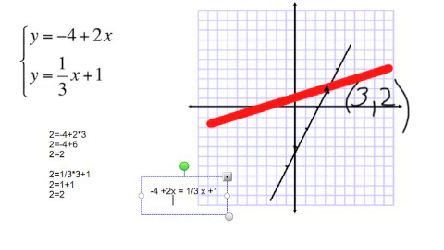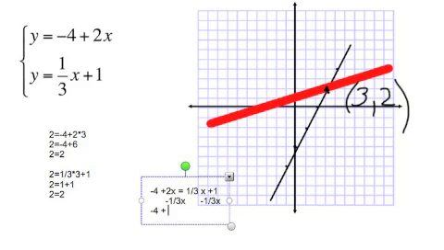So I'm going to subtract 1/3 x from both sides. On the left hand side I have negative 4 plus, when you're subtracting with fractions you need a common denominator.